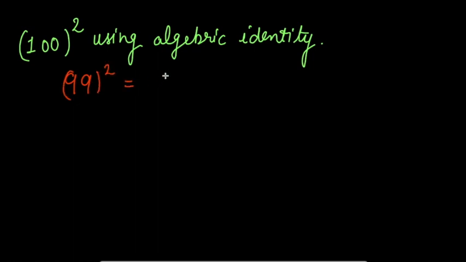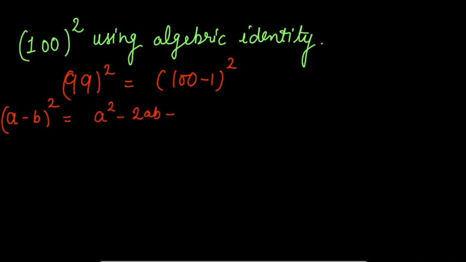So I can write it as 100 minus 1 whole square, right? And we have learned the identity (a minus b) whole square as a square minus 2ab plus b square, right? So if I compare this with the given expression, my a is 100 here and my b is 1.